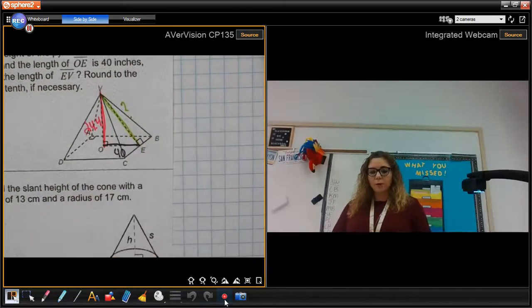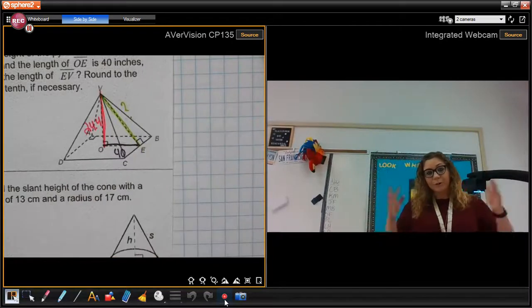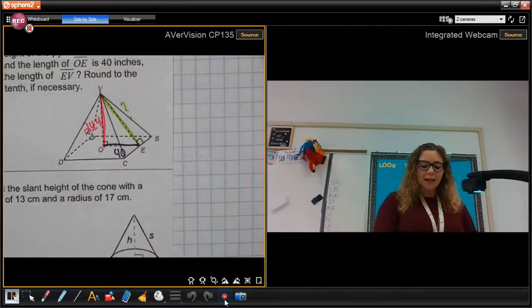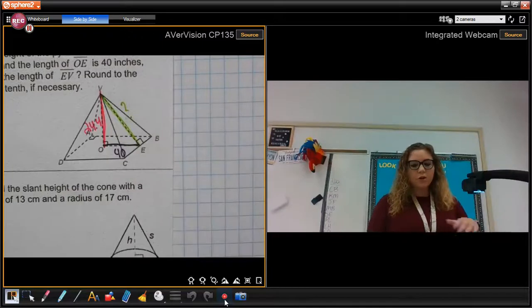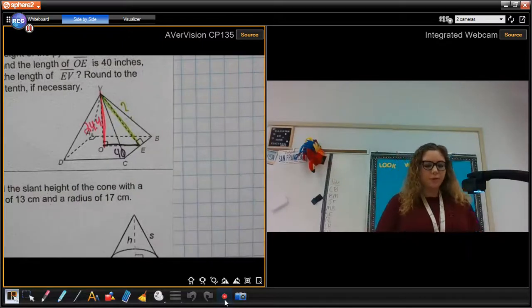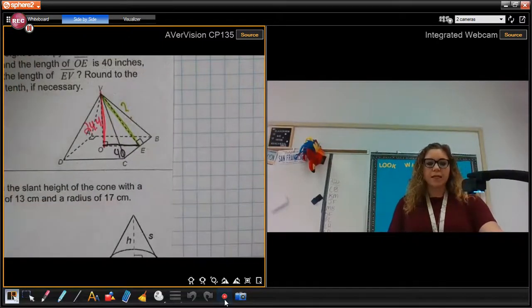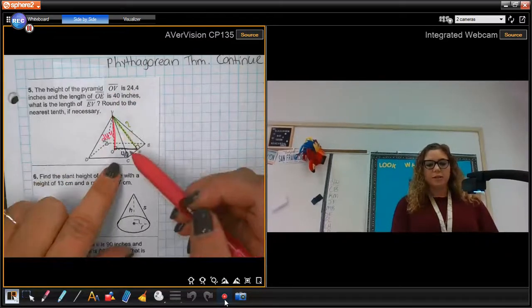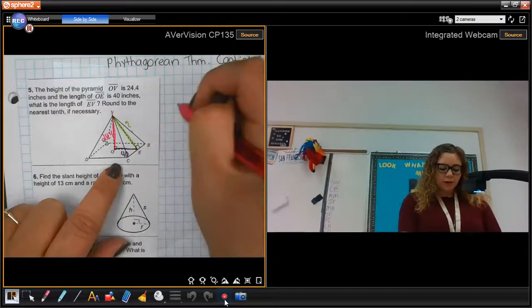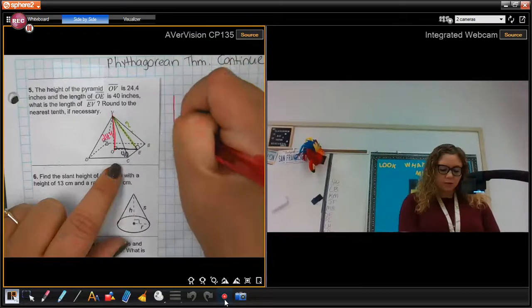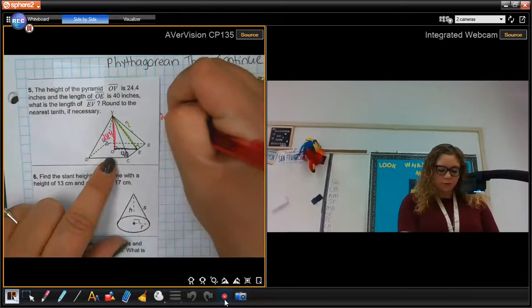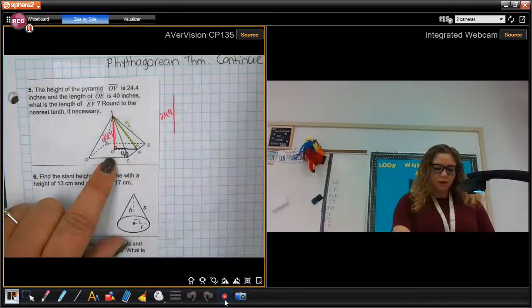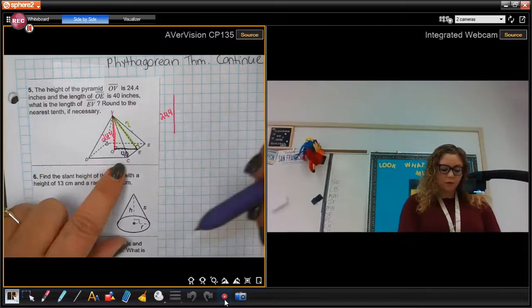So what theorem do you think we're going to use? Pythagorean! And what I would do to help you see it is I would always redraw just that triangle, because all of this extra stuff you don't really need. So I'm just going to redraw this triangle, and I'm going to leave all that extra stuff out.